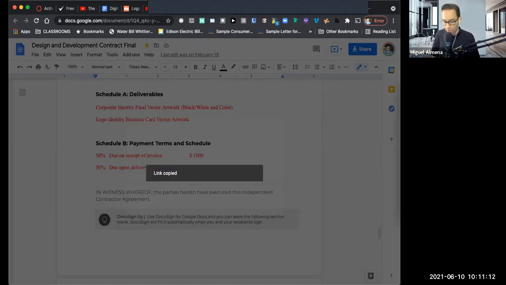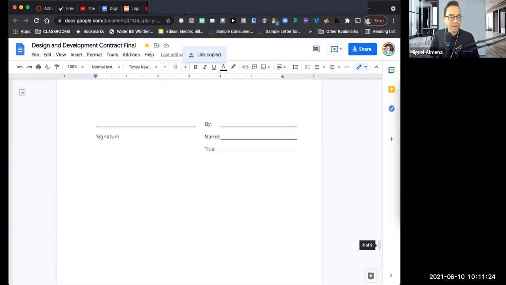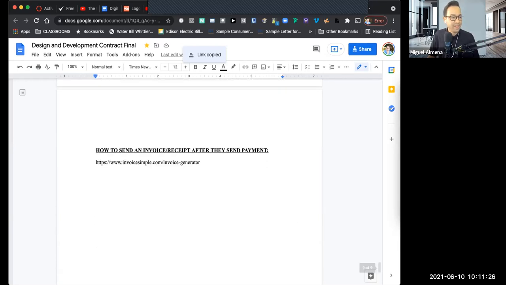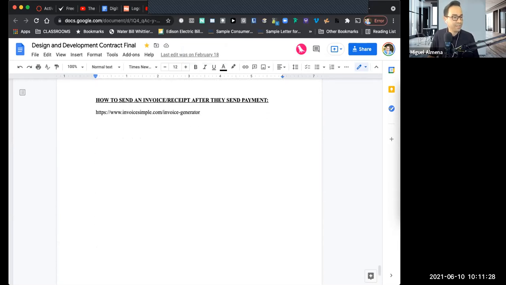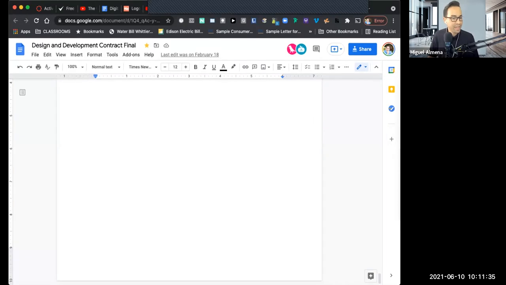Okay, so here's the contract document, and you can make a copy of that, but this will protect you from people that try to get weird and try to rip you off. And then you basically say, please send this invoice. I also give you the link to that invoice generator, which you just saw a couple of seconds ago. And that's what I do.